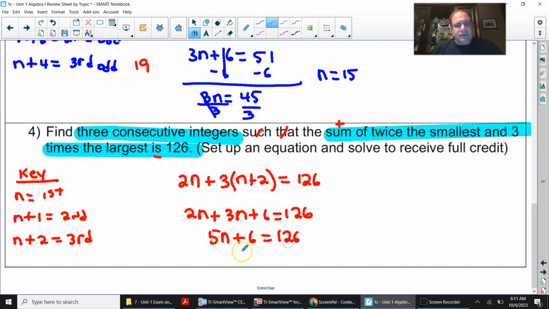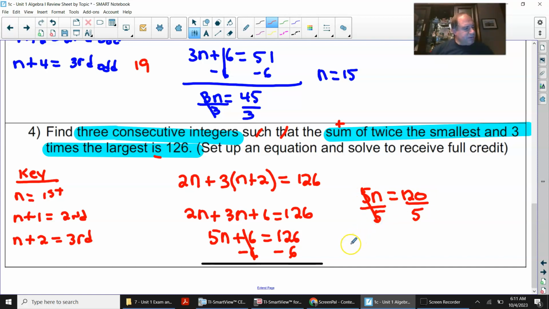You subtract 6 on both sides. That gives 120. Divide by 5. And then n equals 24.